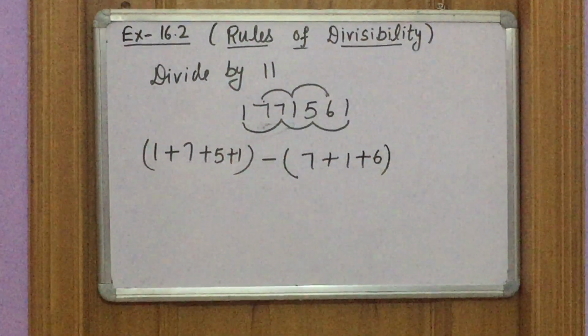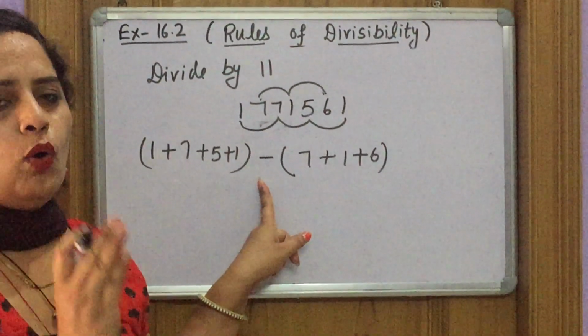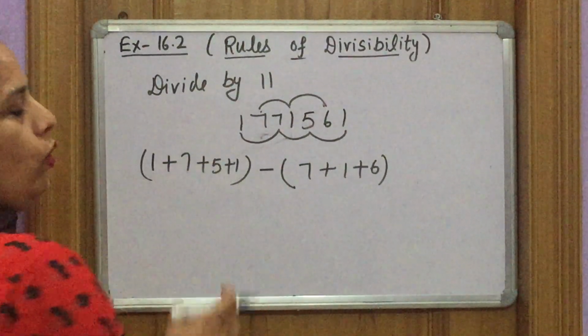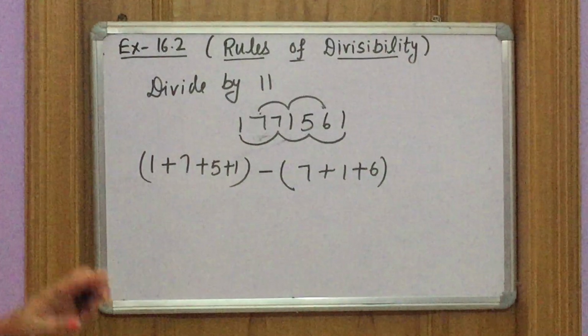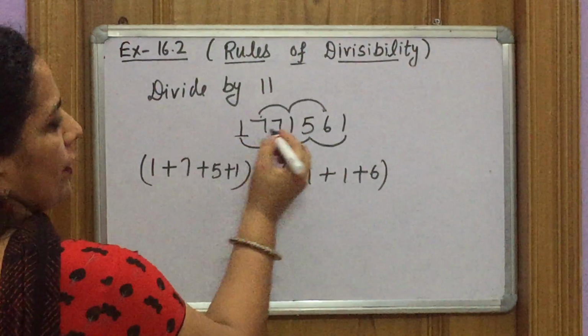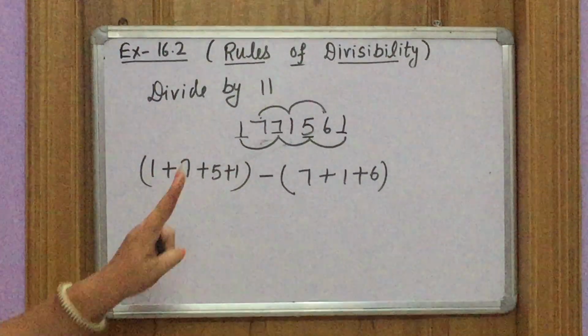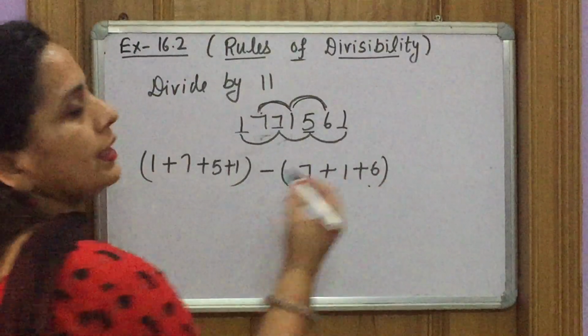Don't get confused in this rule. Find out subtraction of what? Subtraction of the addition of odd position numbers and even position numbers. First of all, find out odd position numbers 1, 7, 5 and 1. Do the sum. Then even position numbers 7, 1 and 5. Do the sum.